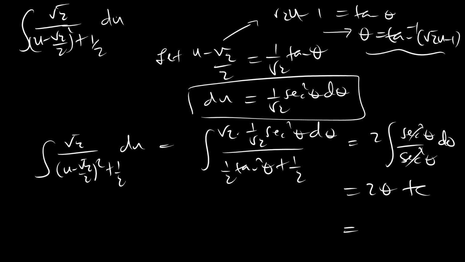So this becomes 2 arctangent of root 2u minus 1 plus c.